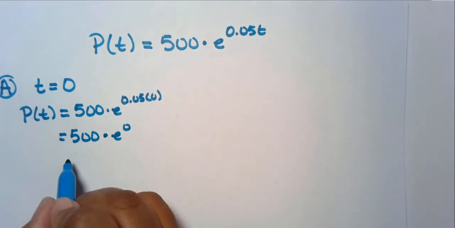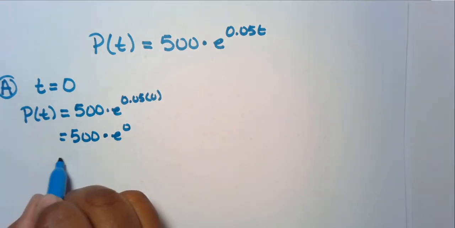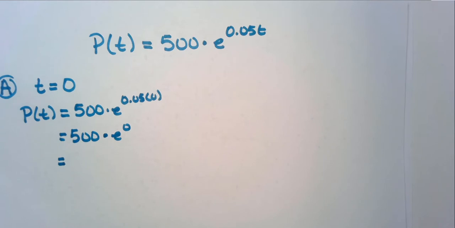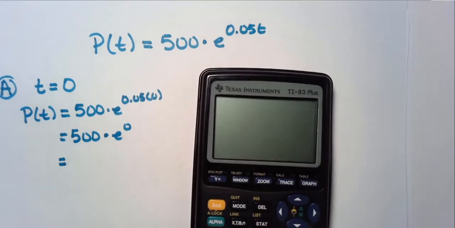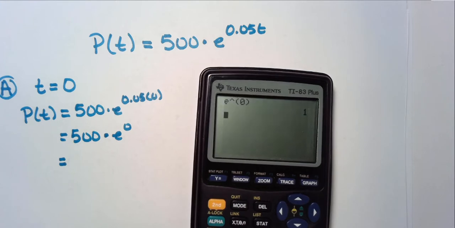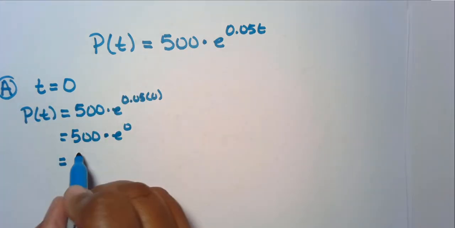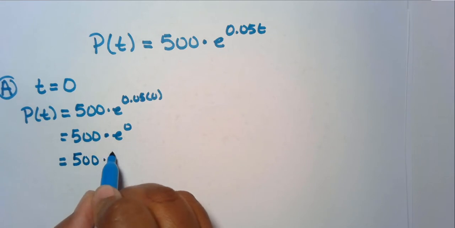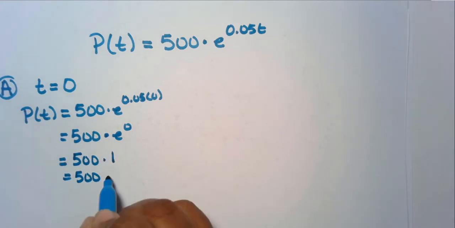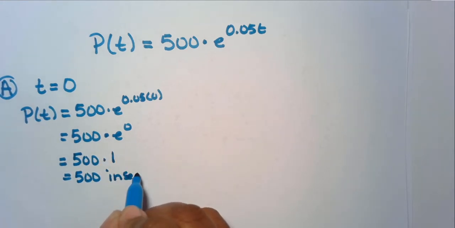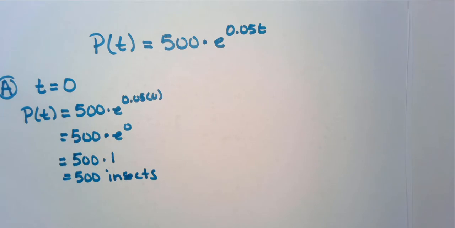And we know that e to the 0 power is 1. If you need to, use your calculator to find the value, but that's one of the properties we've covered. So we want to find e to the 0 power. That gives us the value of 1. So we have 500 times 1, which is 500 insects. Okay, so at the first day, we have 500 insects.